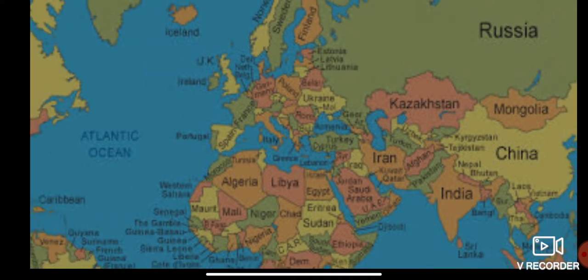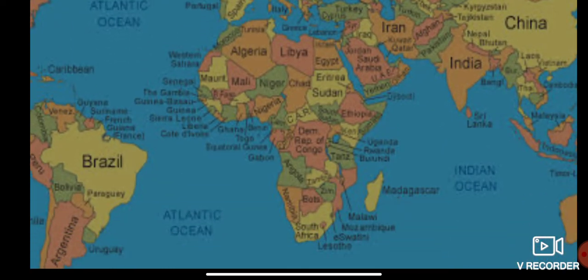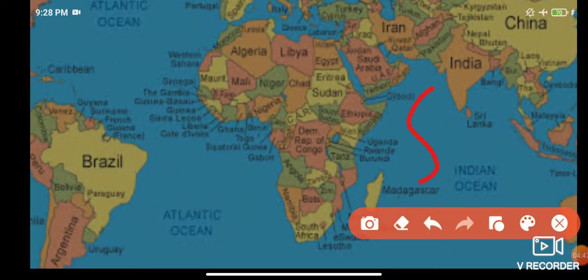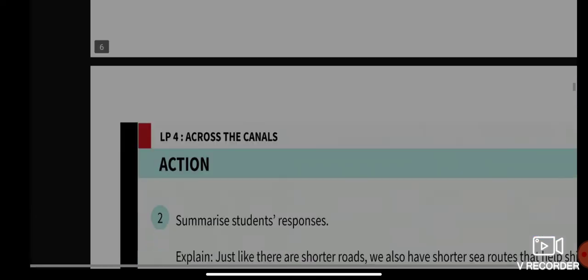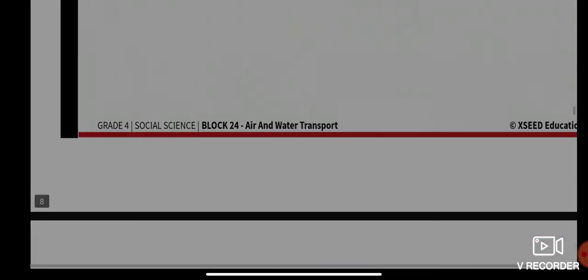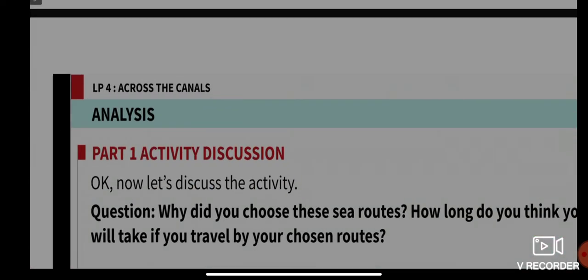You can take any shape. Please indicate how you are going to do that. You need to pass through ocean and sea, so please do that similarly.